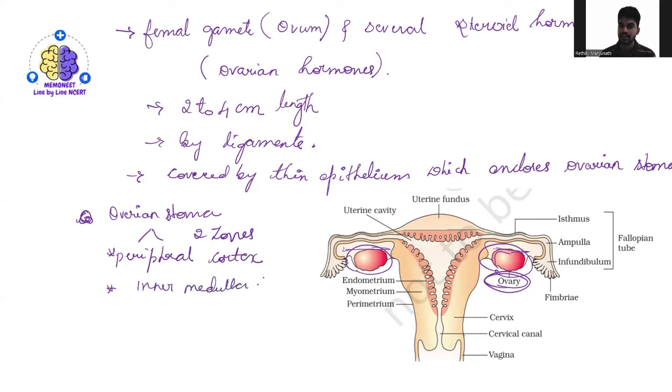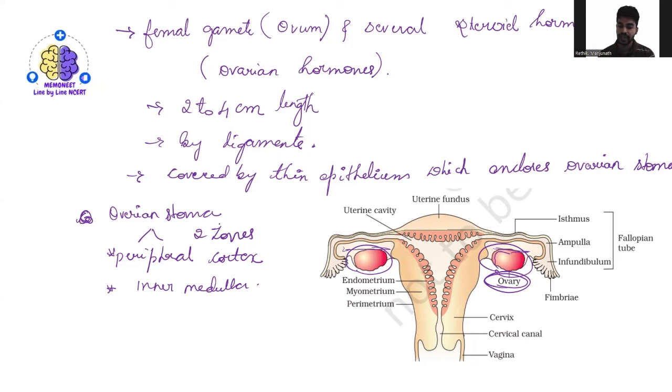The first zone will always be the peripheral cortex, then the second zone will always be the inner medulla. So this is all about the female reproductive system, especially the ovary.